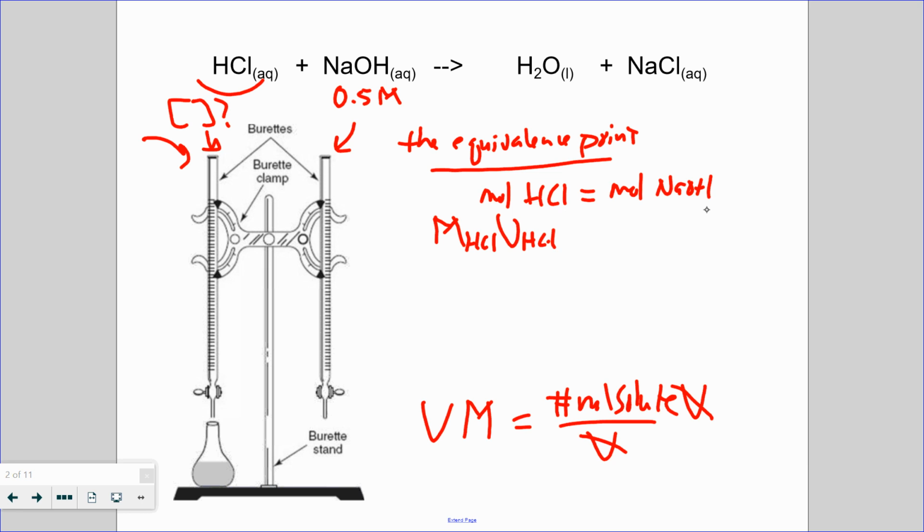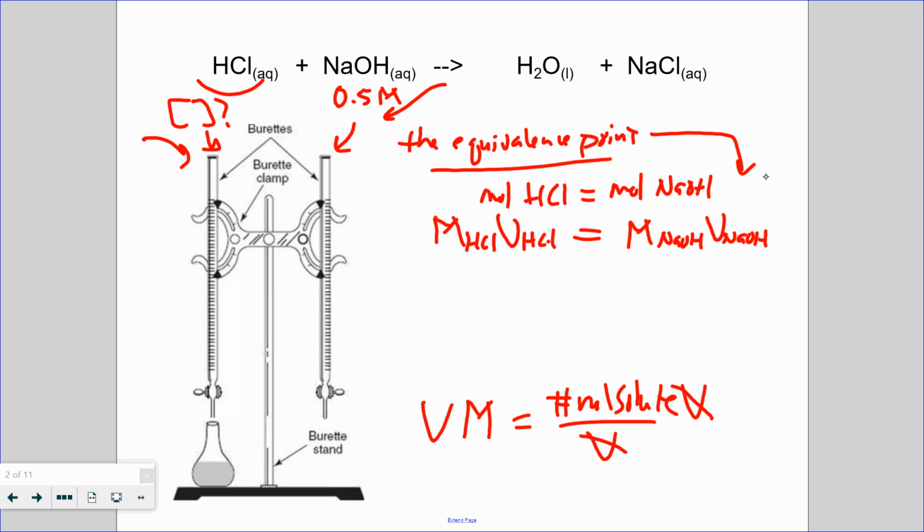And the moles of the NaOH is the molarity of the NaOH times the volume of the NaOH. Those two things will be equal to each other at the equivalence point. That's the only time they'll be equal.